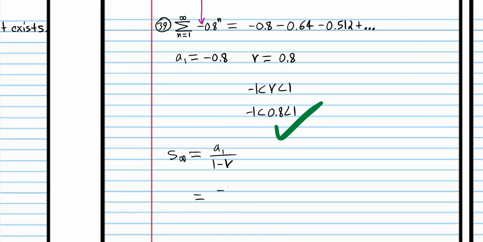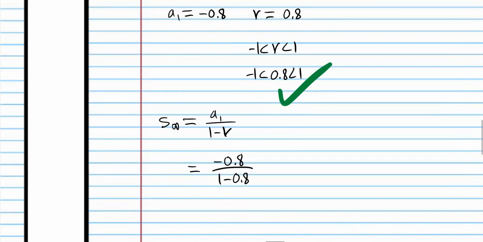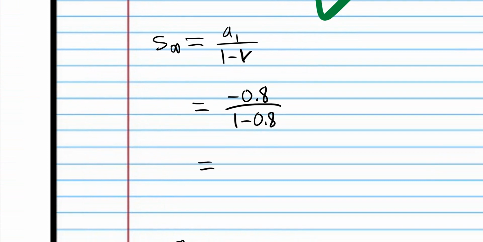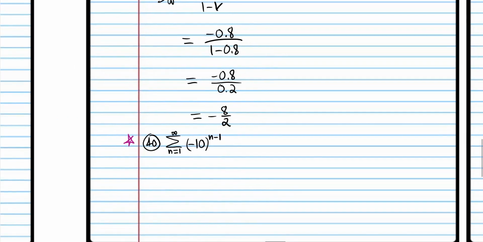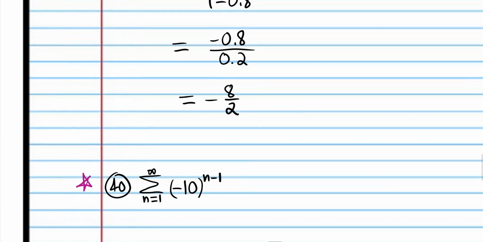The first term is negative 0.8. The common ratio is 0.8. And so we have negative 0.8 over 0.2. If we multiply both sides of the fraction by 10, we get 8 over 2. And so the sum is actually equal to negative 4.